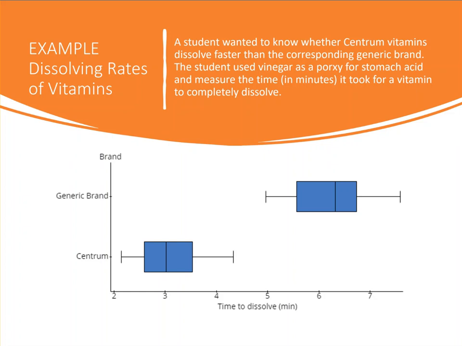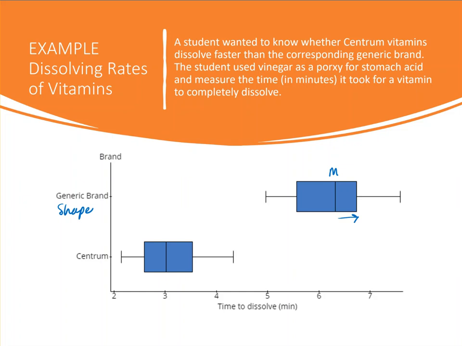And then finally, let's see if we can determine what the underlying shape of each distribution would be. So the shape of the distribution. Let's start with our generic brand's shape. In looking at this box plot here, I notice that the median is slightly to the right of my data.